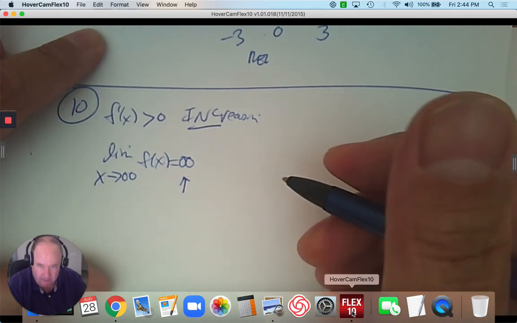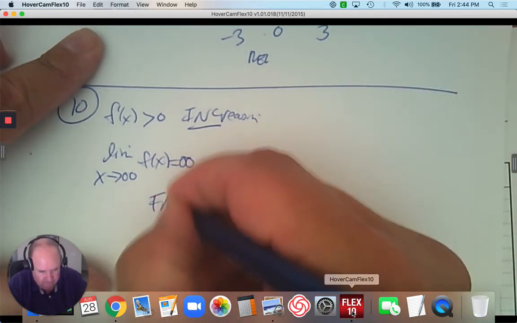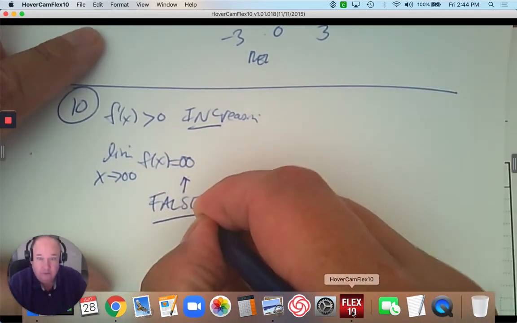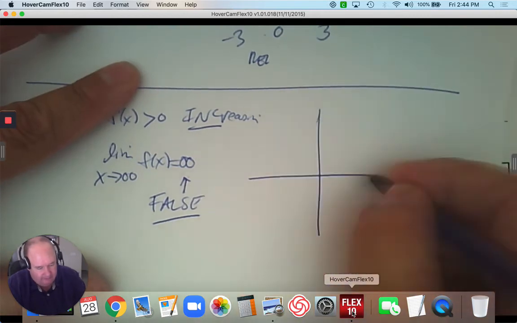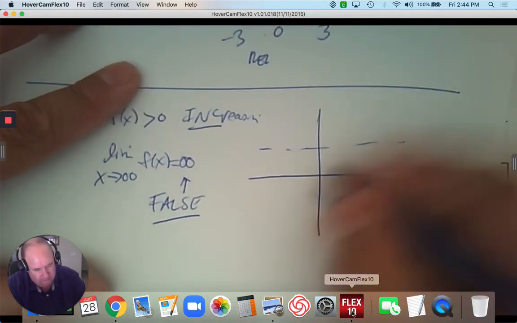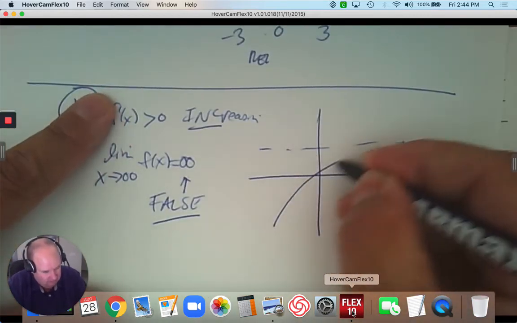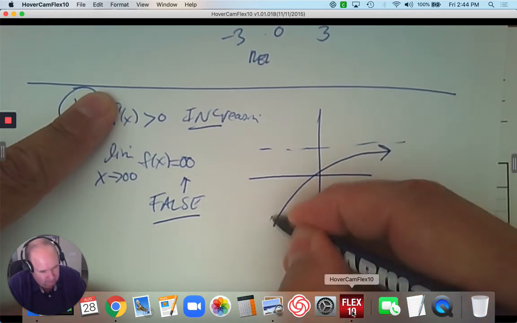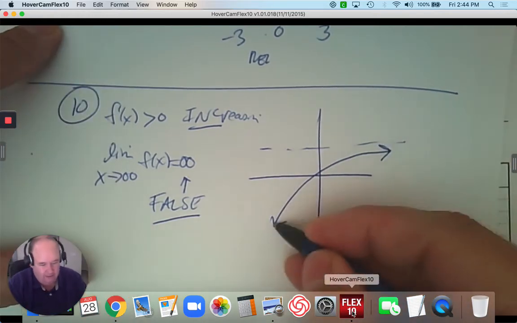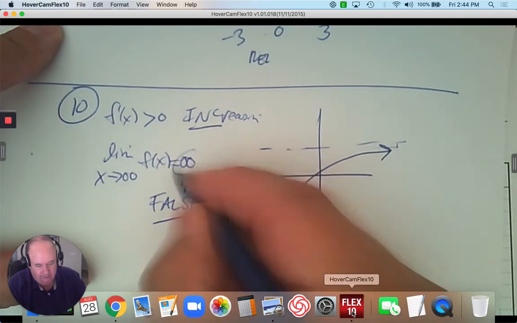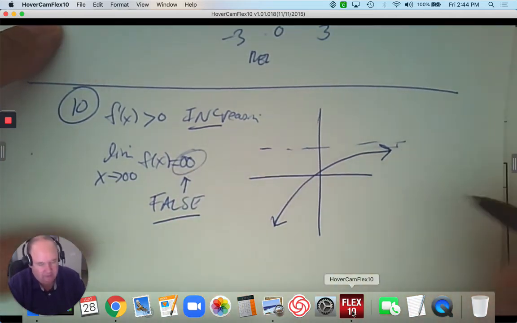It goes up forever. Is that true or false? And the answer is it's false. You could have a horizontal asymptote that would be increasing. So notice that it is increasing, but it is not going to infinity. It's going to whatever the asymptote is.